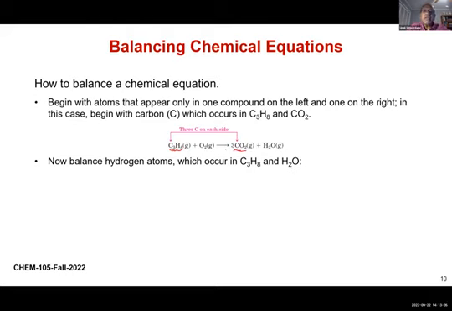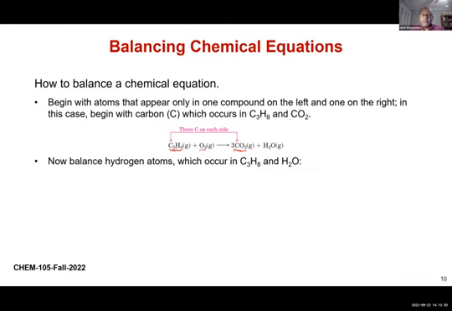Carbon is found in only one place, either in reactants or products. You could start with hydrogen also. You don't start with oxygen because it's found in one place here, but in two places in the product.